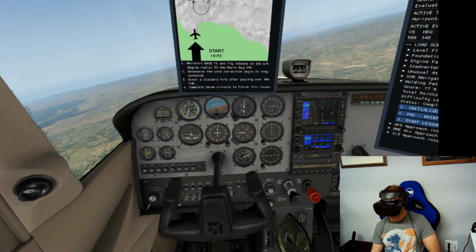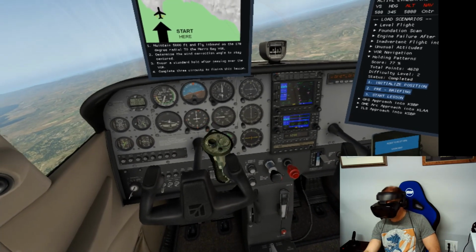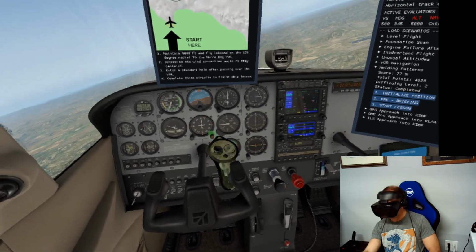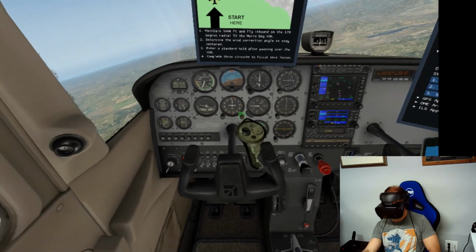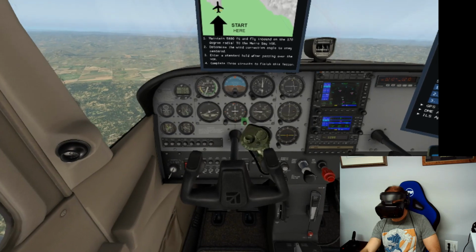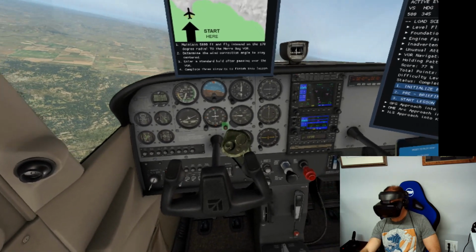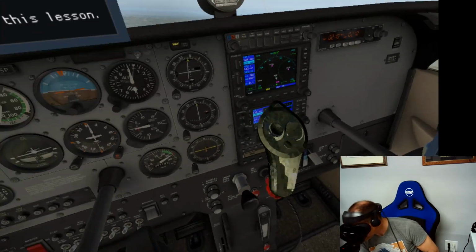Oh man, I almost got a complete CDI deflection there. Alright. Check your position. You are off course. There, now it's coming back in. As I get closer though to the VOR, I definitely don't want to over control. See how close I am to the VOR now.